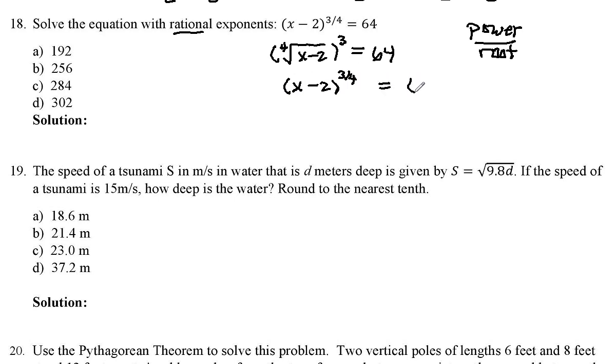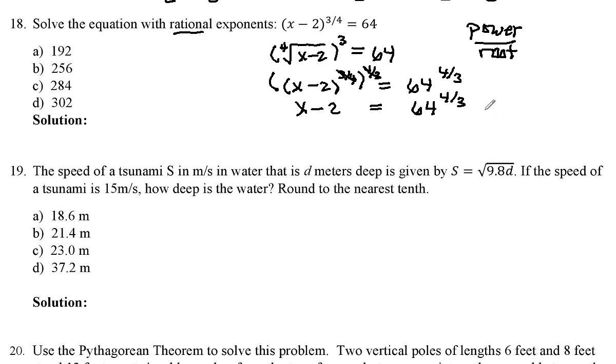So the way that you undo a 3/4 power is you take a 4/3 power on both sides. And then here we've got power to a power, so you'd multiply those exponents, but 3/4 times 4/3 is 1, so those cancel out. So we get x minus 2 is equal to 64 to the 4/3 power.